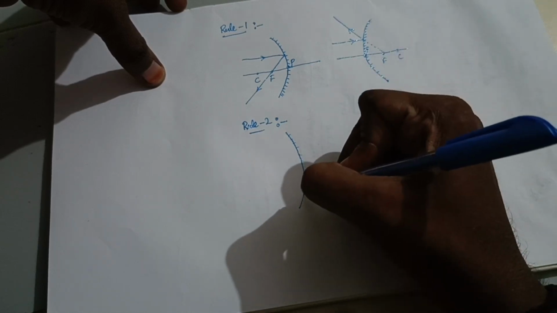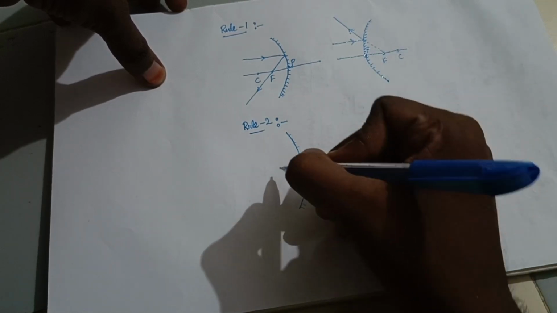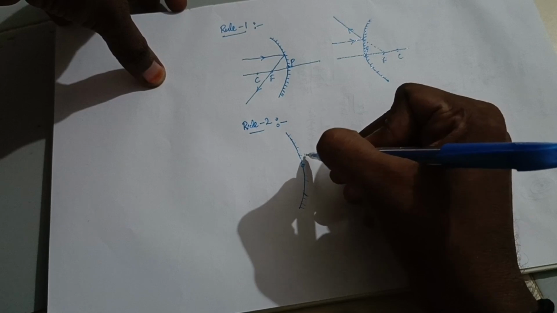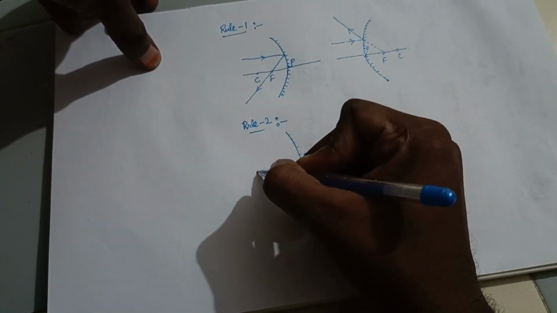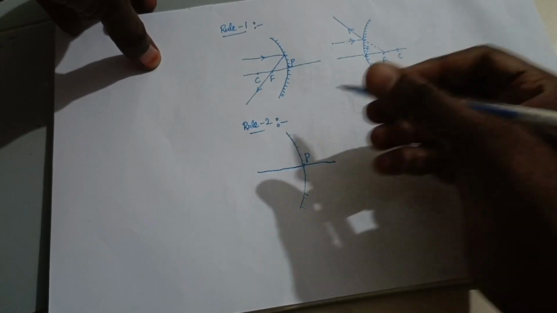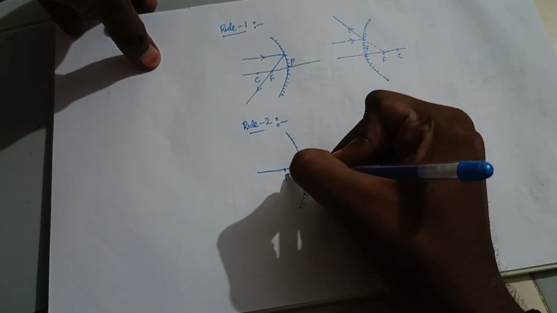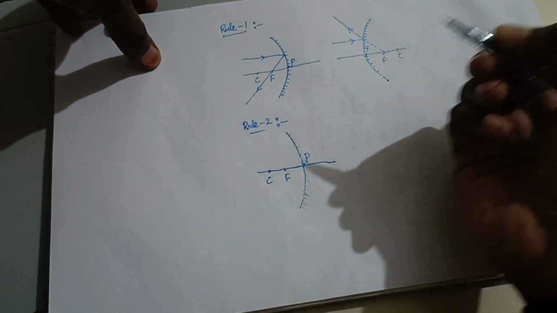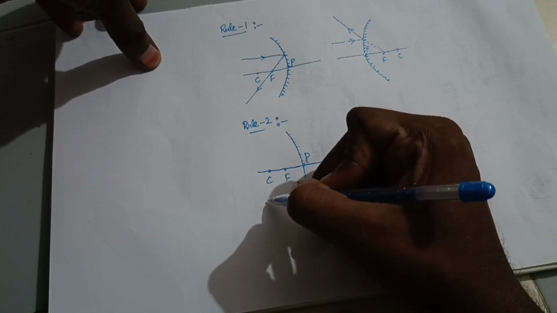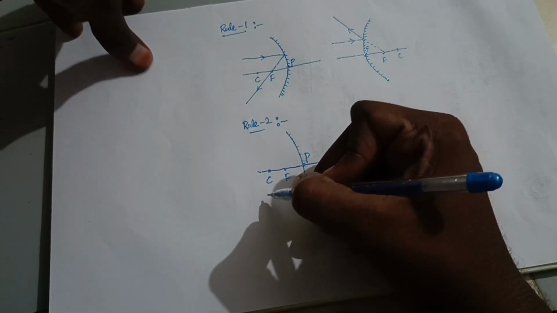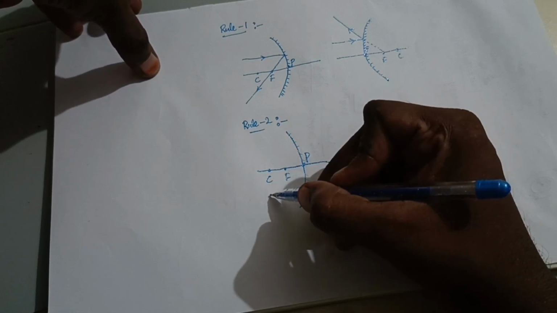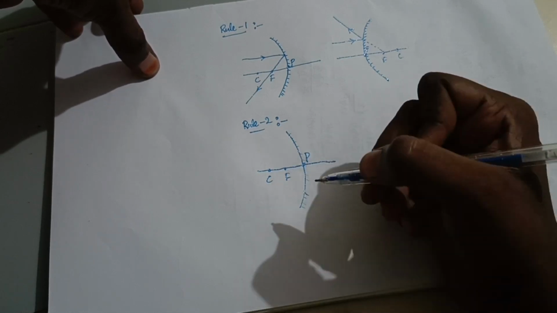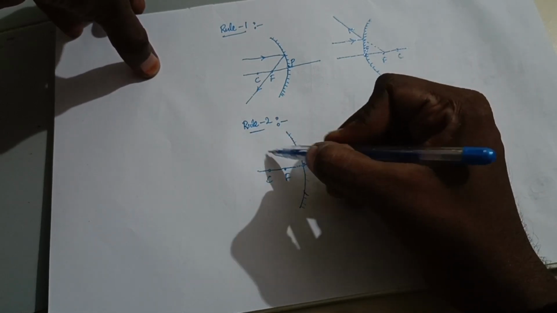So you need to know how to draw these mirrors. So this is the pole, focus, center of curvature. Now if you observe, here the incident ray passes through the focus. You can consider the incident ray moving from below the principal axis like this or like this also.